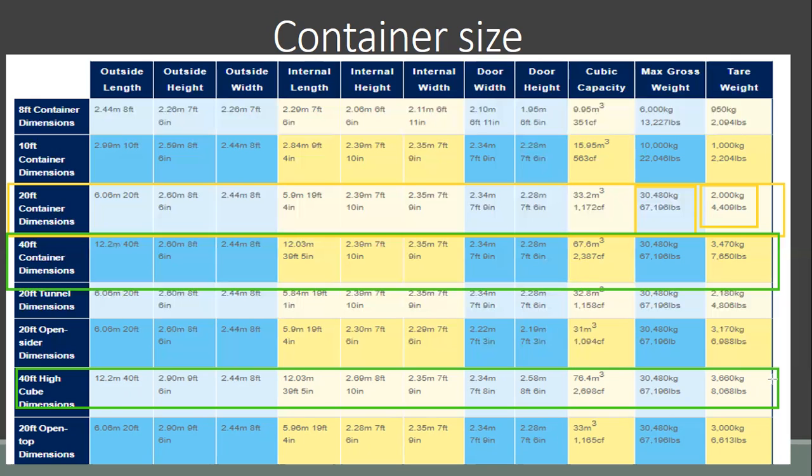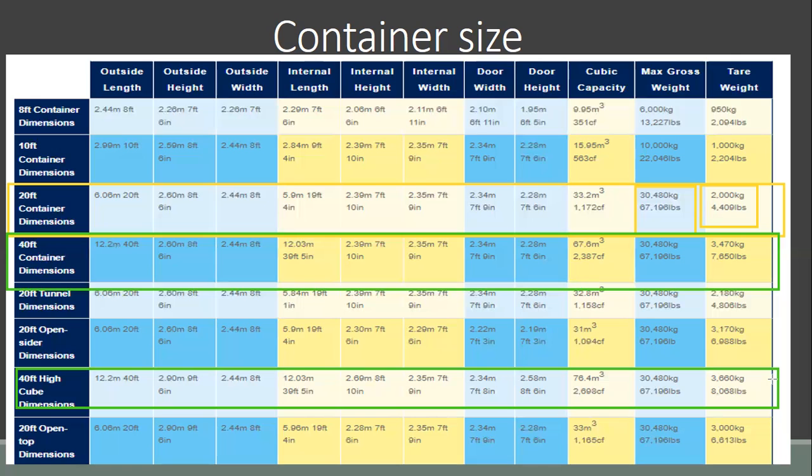So by this diagram we have tried to understand the 20 feet and 40 feet containers. The 20 feet container height is 8 feet, and the 40 feet standard container height is also 8 feet, but in the 40 feet high cube container the height is 9 feet.